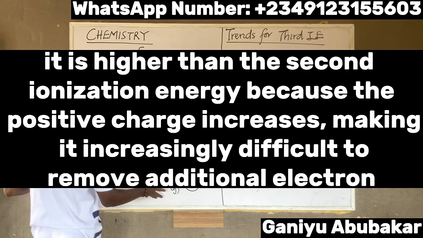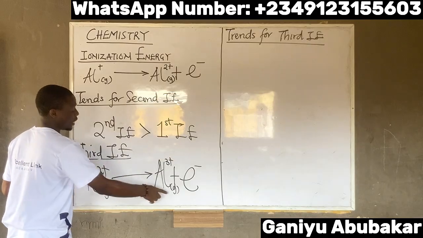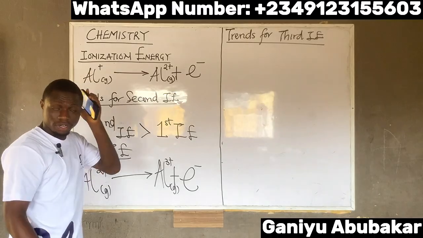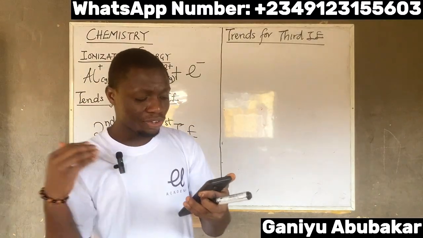So it is more difficult to remove an electron from Al3+. That is how the concept works.